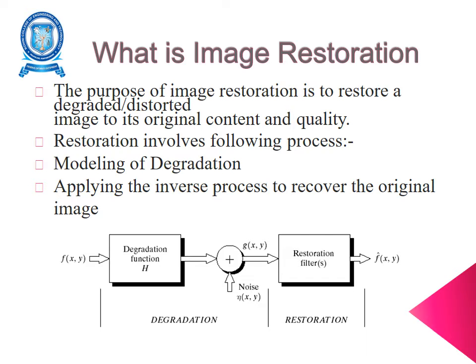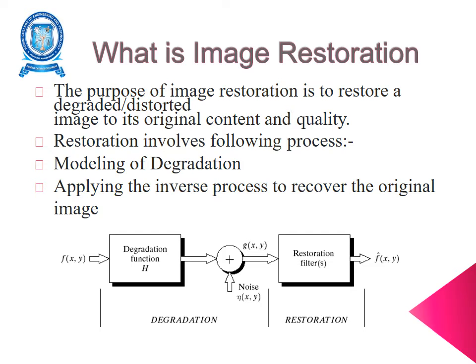Okay, so up to the summation symbol you can see that it is the process of degradation, and after the noise is added we are going to process and remove the noise. That particular phase is called restoration. So we are giving it to some restoration filter. The restoration filter can be any type of filter depending upon the noise that is present. There are various types of filters such as the impulse filter, Wiener filter, and salt and pepper noise removing filters.